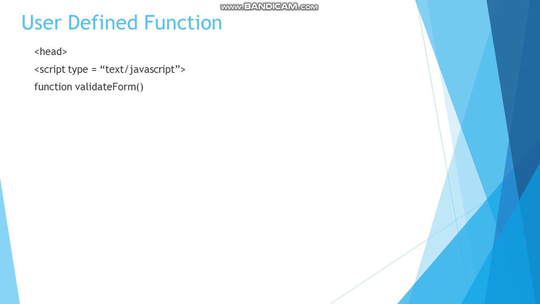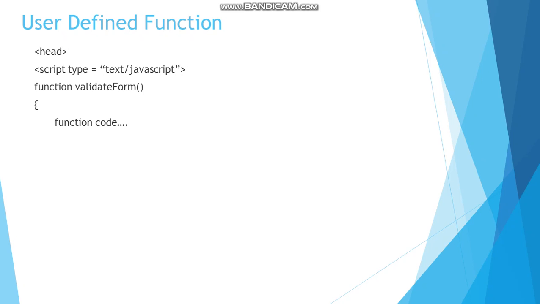So function validateForm. validateForm is the name of our own user-defined function. Because it is a function, we have to use round brackets at the end. Remember, the name of the user-defined function is case sensitive. So here you can see F we have given in capital, all the other characters are in small letters.